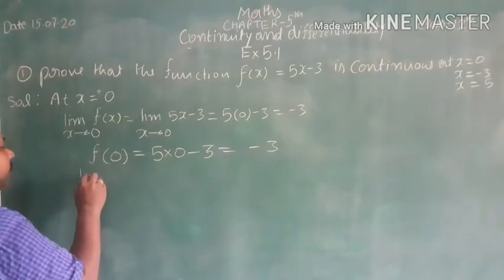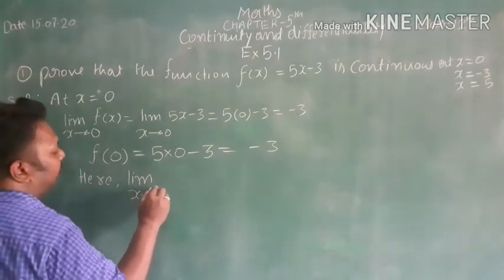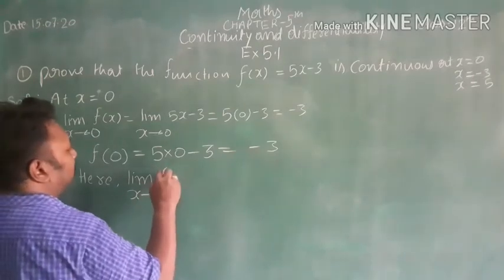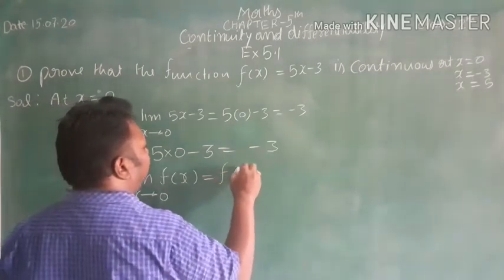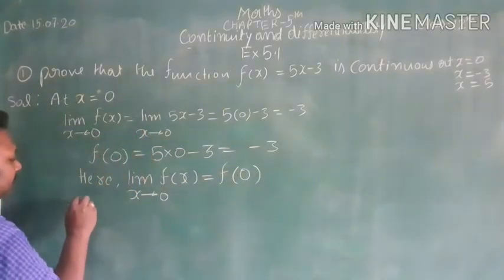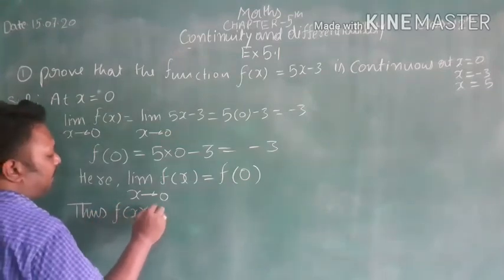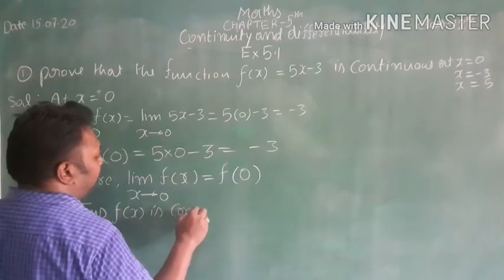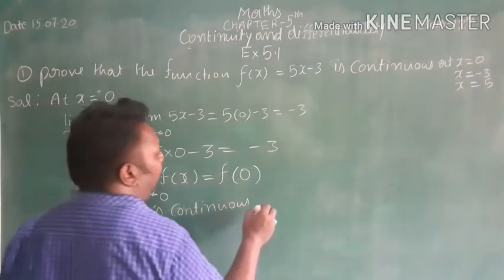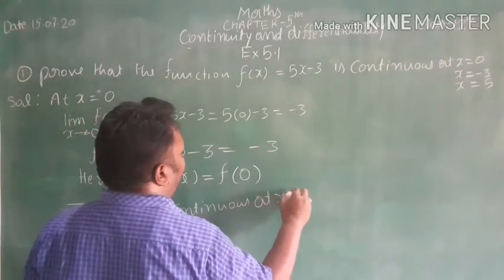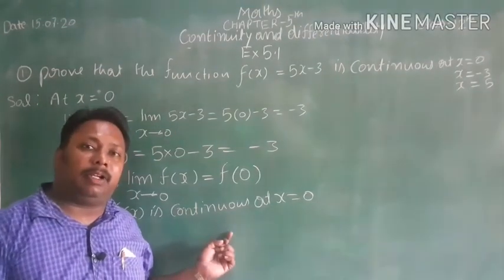Here limit x tends to 0 of f(x) equal to f(0), thus f(x) is continuous at x equal to 0.